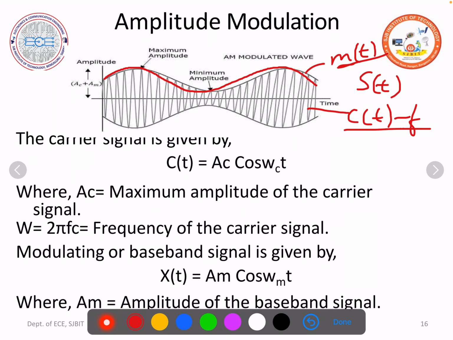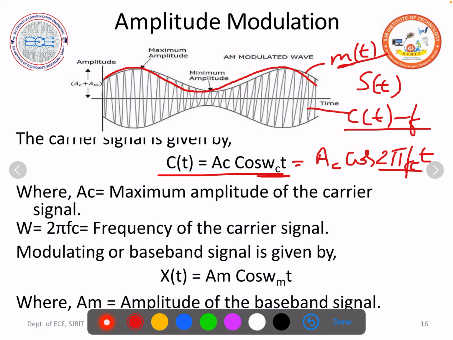Let us represent the carrier signal as c of t is equal to Ac into cos omega ct, or you can also write this as Ac into cos of 2 pi fct, where omega c is nothing but 2 pi fc. If you are representing the frequency in hertz, then it is 2 pi fct. If you are representing the frequency in terms of radians per second, then it is omega ct.